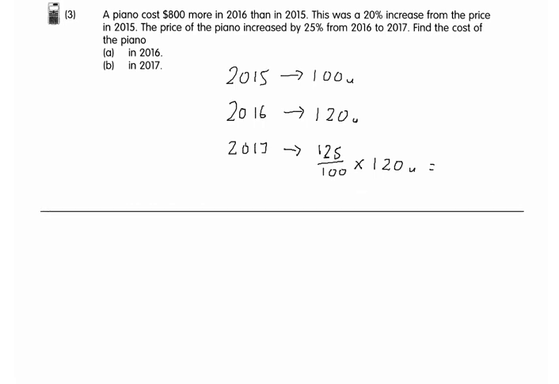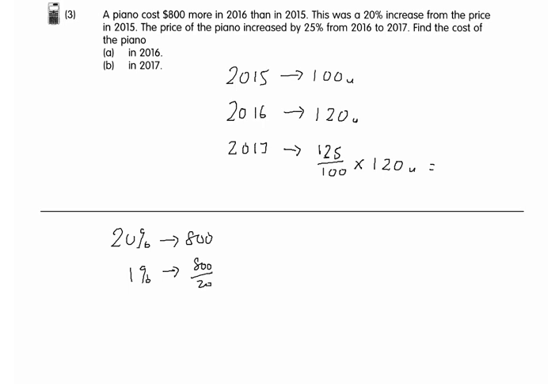Normally what we have done is we will find this $800 is 20%, and we'll find 1%, which is 800 over 20.